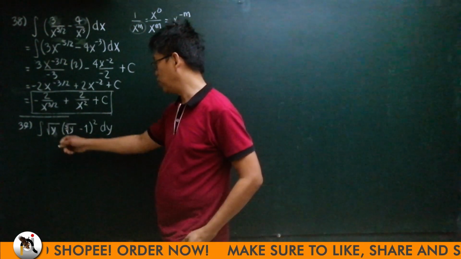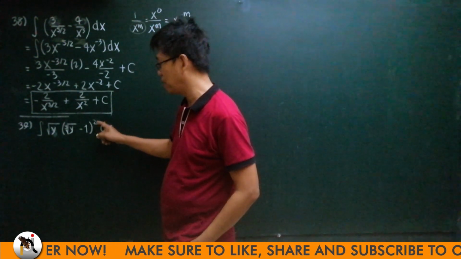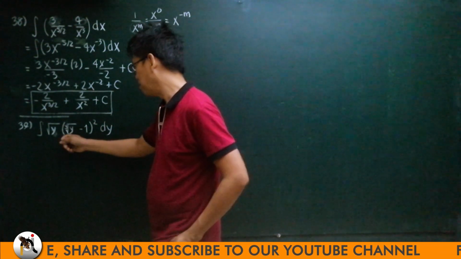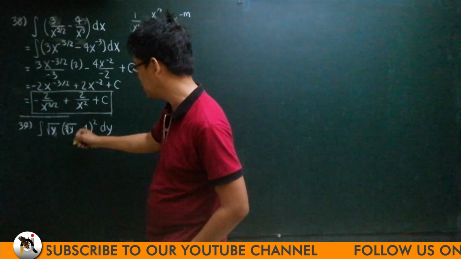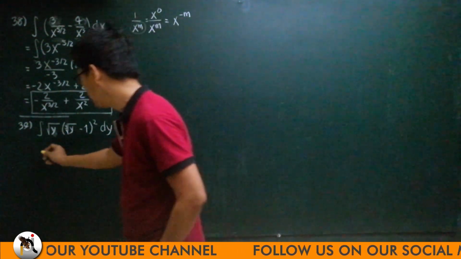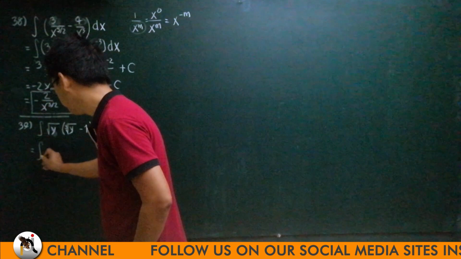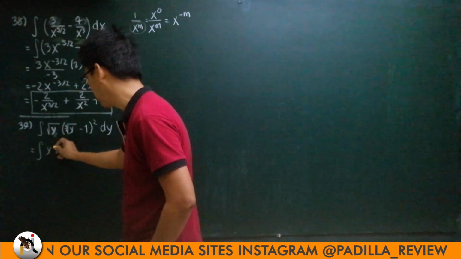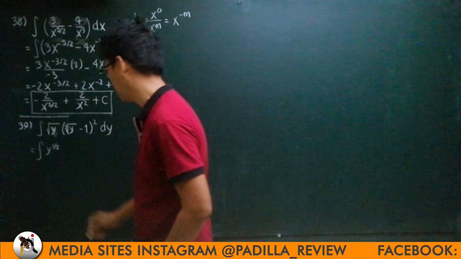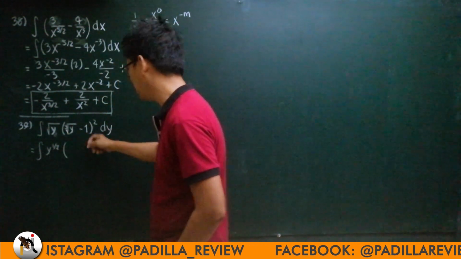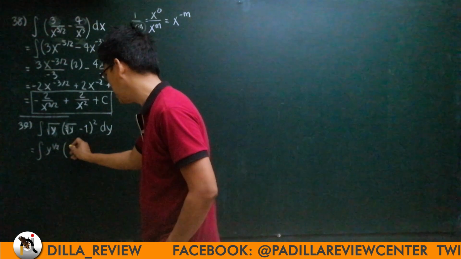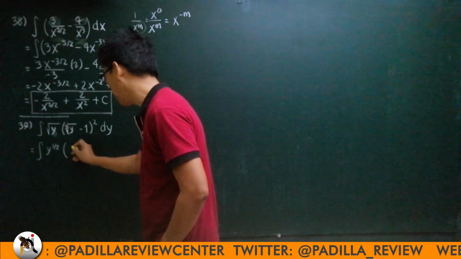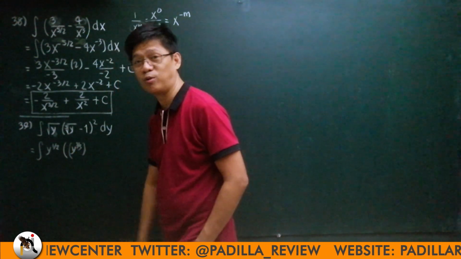So again, when you have a binomial to a certain power, all you need to do is expand it first. By binomial expansion, this is just the square of a binomial. So I will convert this to exponential form. Square root of y is the same as y to the 1/2. Expanding this should be the square of the first, that is y to the 1/3, since cube root of y is the same as y to the 1/3.